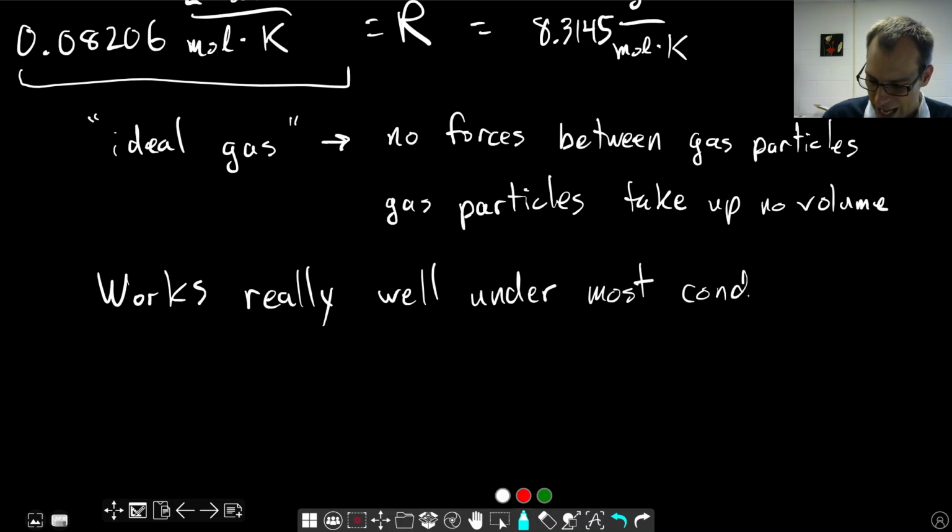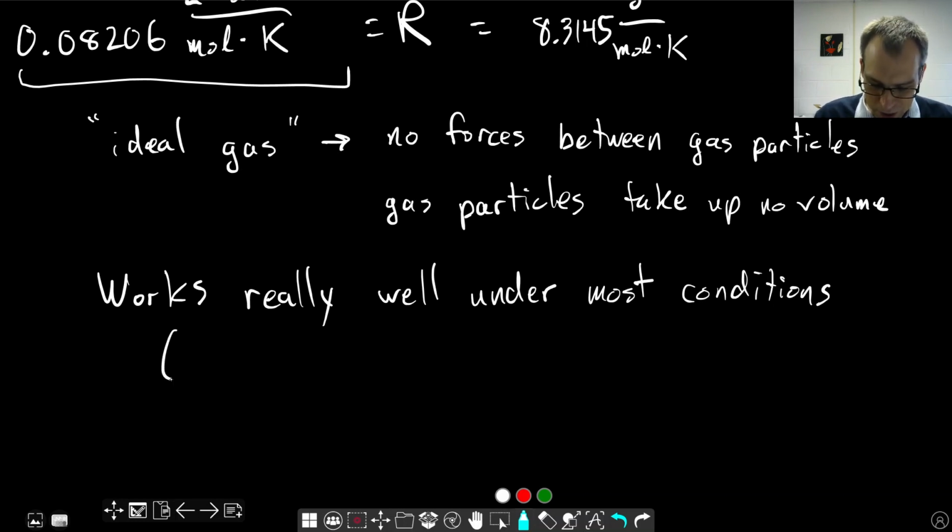So for things that are gases at room temperature and pressure, if we're talking about, say, our atmosphere and gases in the atmosphere, using the ideal gas law is a very, very good assumption. And your calculations with it will give you very close to what the actual measured values are if you were doing some sort of problem involving the ideal gas law.